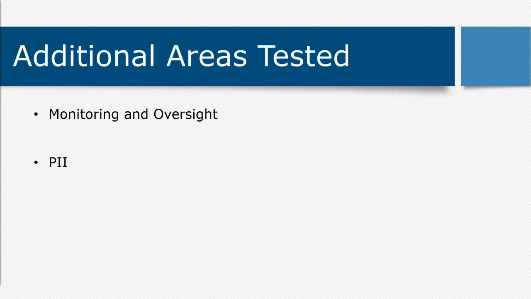The first area is monitoring and oversight, which is required by TAC code 802.82, entitled AEL Grant Monitoring Activities, and also FMGC Chapter 19 on monitoring, and your AEL grant agreement.